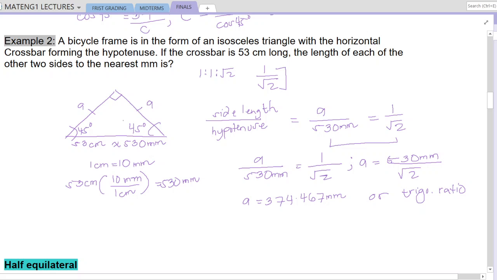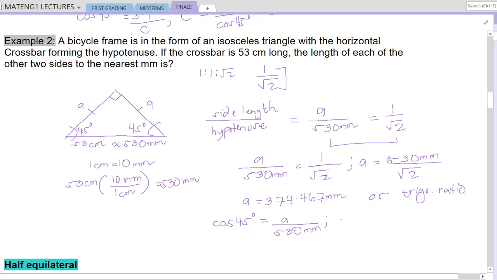So if we are going to have that, that is cosine. We use cosine of 45 degrees, that is equal to adjacent all over the hypotenuse, and the adjacent there is the side A divided by the hypotenuse, which is 530 millimeters.